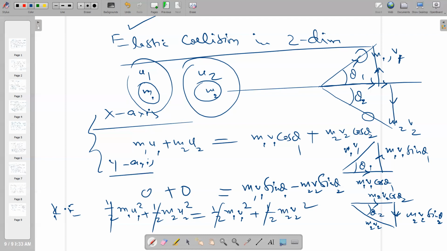So next time we will discuss the perfectly inelastic collision, and then this chapter's theory will be finished. And we will solve the problems of chapter number 9 about the impulse, about the momentum, about the law of conservation of momentum, and about Newton's second law in terms of momentum, and then collision, elastic collision, inelastic collision, like this.